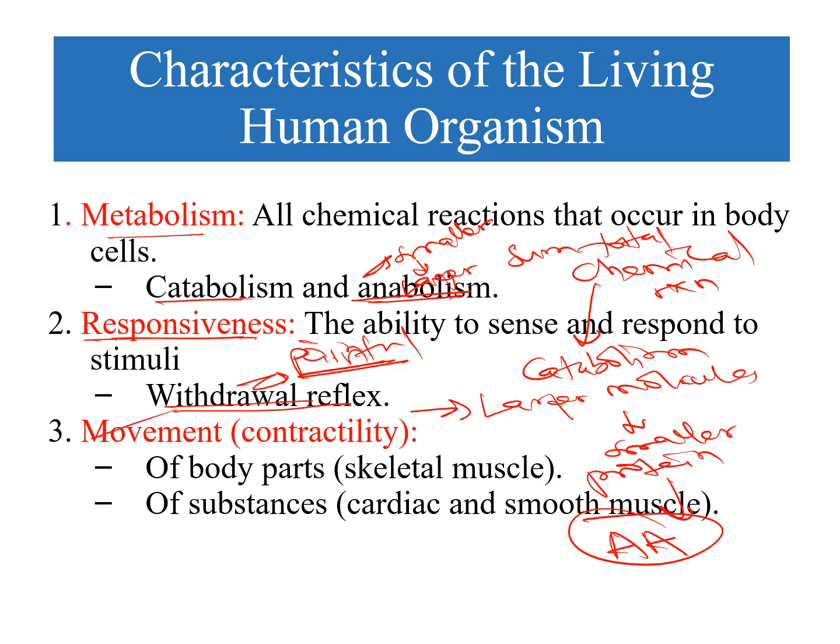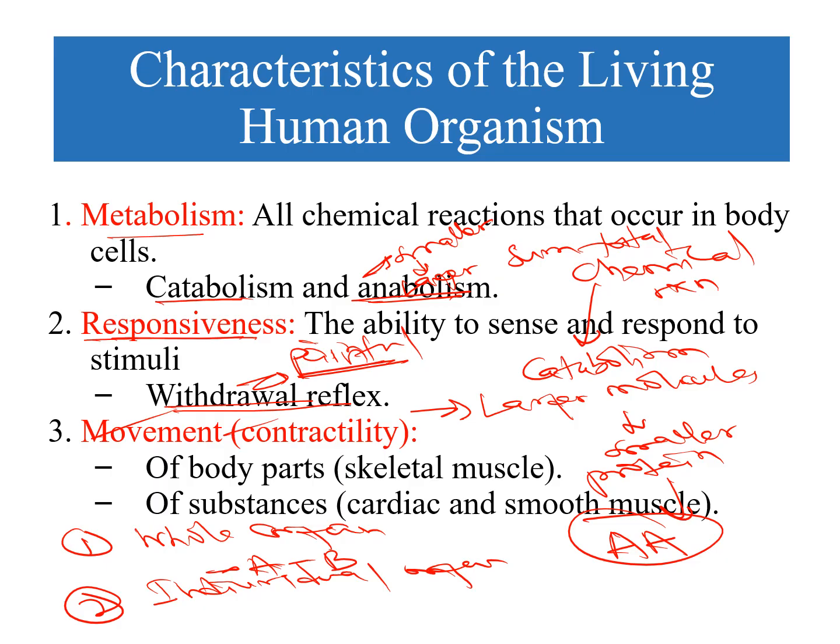Then with movement or contractility, you can talk about it under three topics. Number one is movement of the whole organism or part of the body of that organism, where an organism moves from point A to point B. Then you can also talk about movement of the individual organs in an organism.